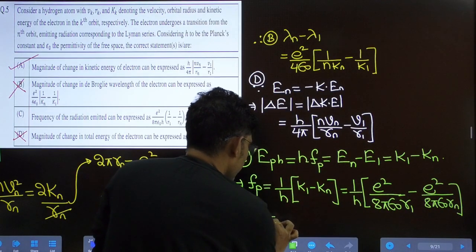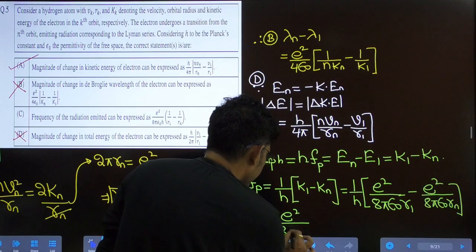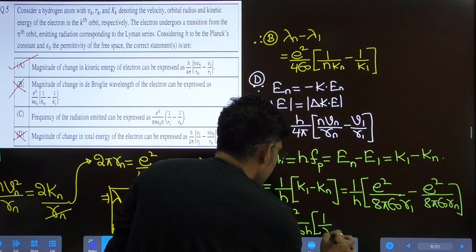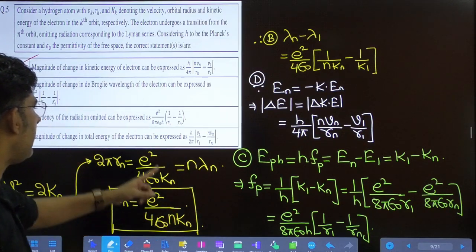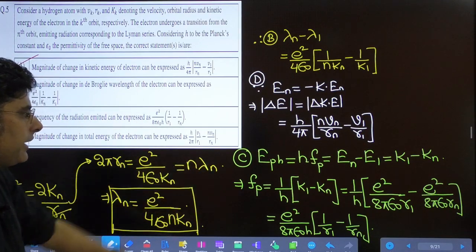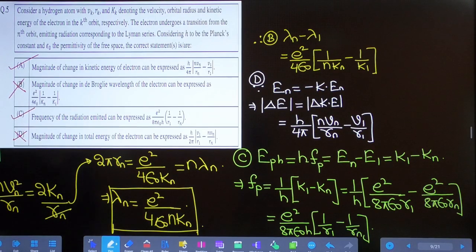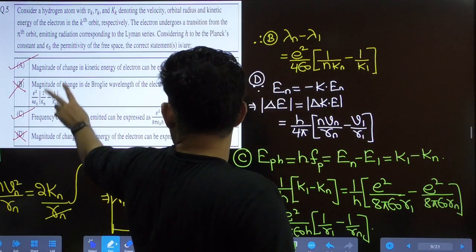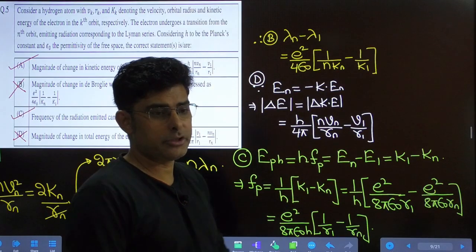So the final expression, taking the terms common, e square by 8 pi epsilon naught h into 1 by R1 minus 1 by Rn. That means we can say that yes, C option is also correct. So the correct options for this particular question are option A, option C, and the incorrect ones are B and D. Clear? Let's move on to the next question.